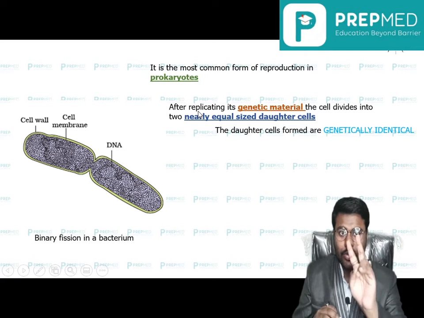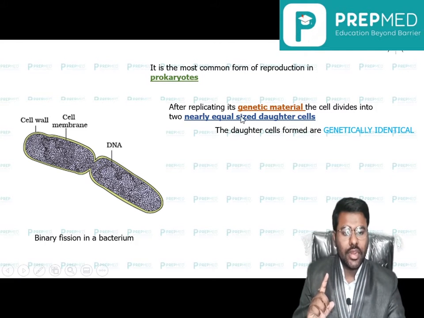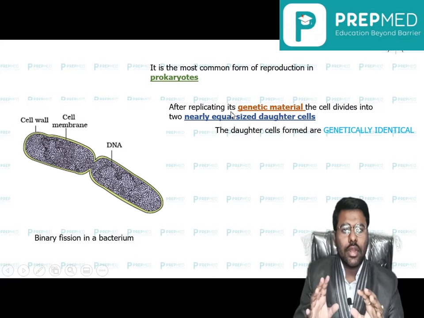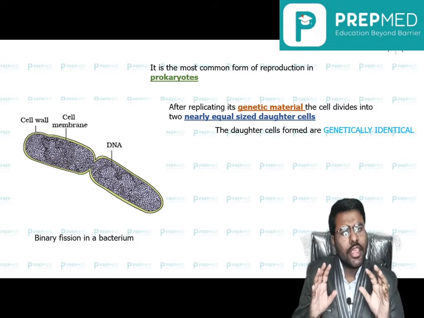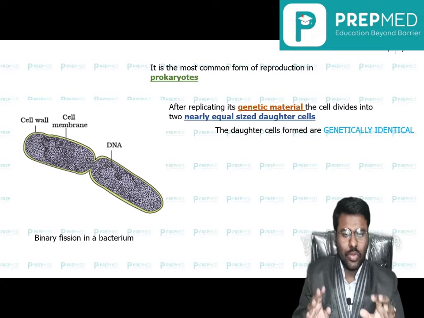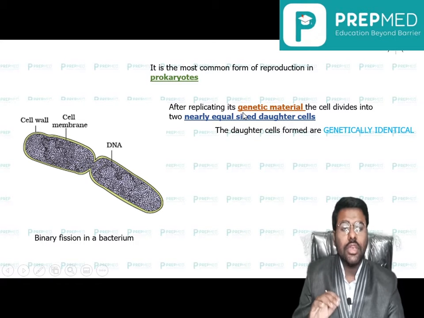Clearly notice there are 2 points: first of all, the genetic material and the size are usually equal in daughter cells. So the daughter cells are genetically identical.